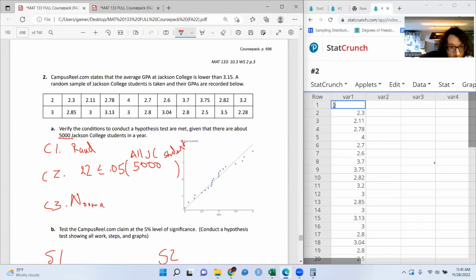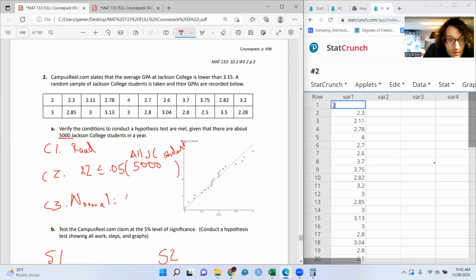What was your last one for normal? Well, I used that for the 5,000, but 22 isn't greater than or equal to 30, but the normal probability plot distribution appears approximately linear.